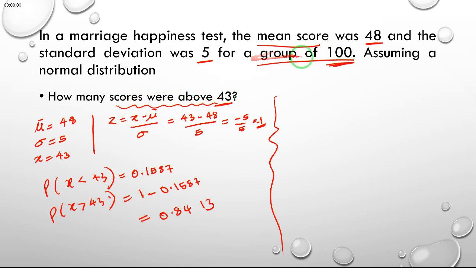The probability multiplied by 100 becomes 84. So the number of students who scored above 43 is 84.